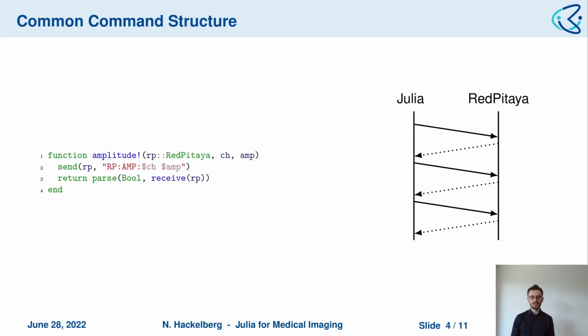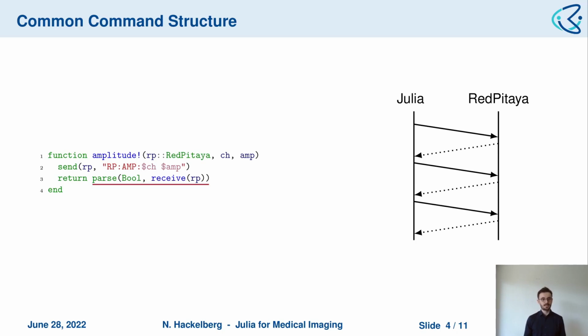So they all have a very similar structure, where we first construct a string based on the arguments, and then we send that string to the repeaters. Afterwards, we receive a reply, and then we pass that reply to some Julia type. And now we have a sequence of configuration steps. This is a really inefficient usage of our TCP stream, but luckily Julia's dispatch can help us with this.